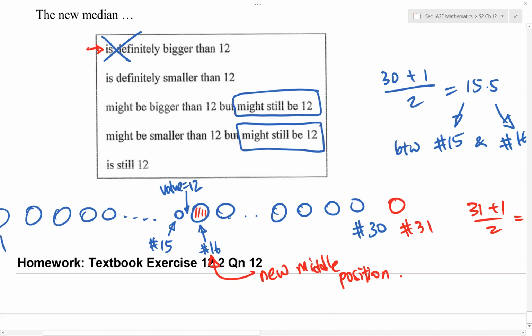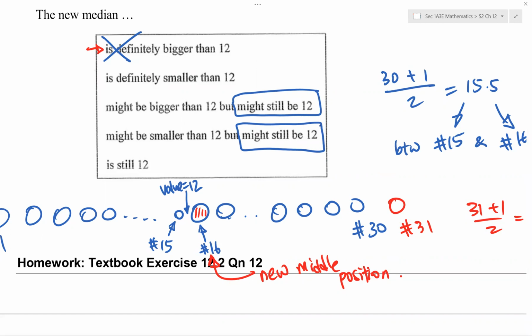Now let's take a look at the second line. It says that the new median is definitely smaller than 12. Now how can that be? Because this is already arranged in ascending order. The old median has a value of 12. The new median cannot be smaller than 12 because the middle position is now shifted to the right. It should be either a bigger value, or an equal value.